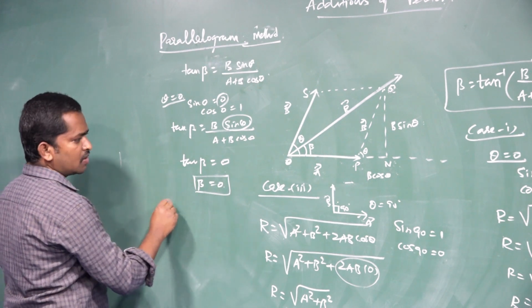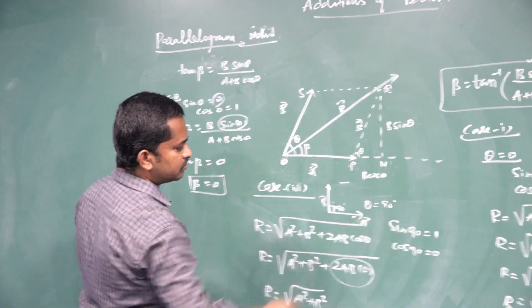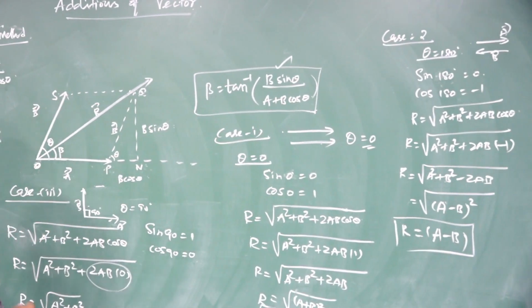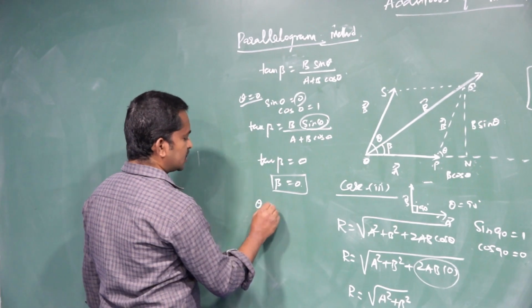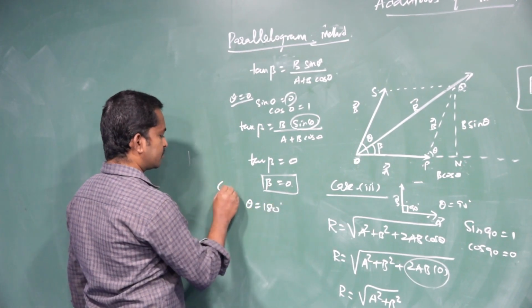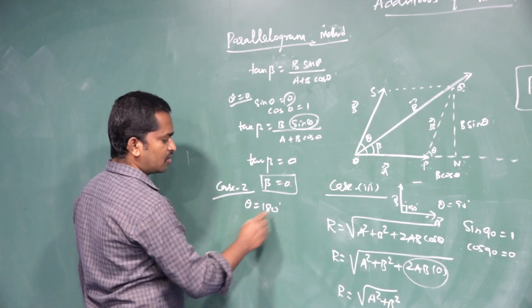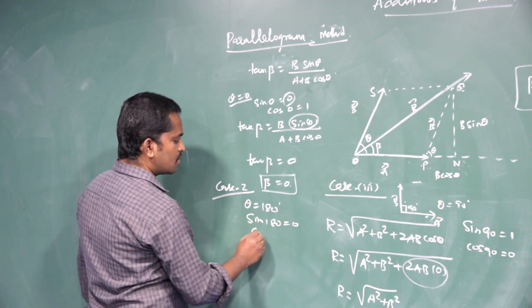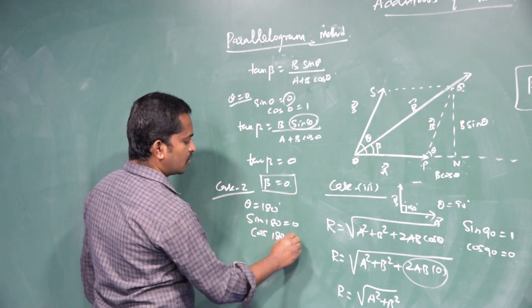And case 2, what happens? Theta is equal to 180 degrees, anti-parallel. Sin 180 is equal to 0, cos 180 is equal to minus 1.